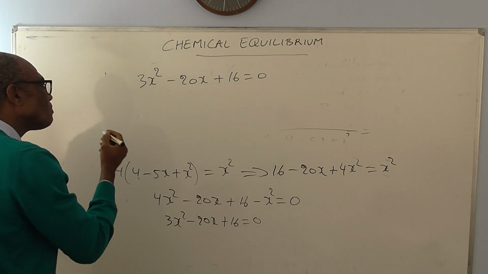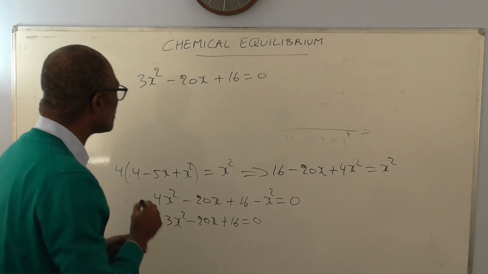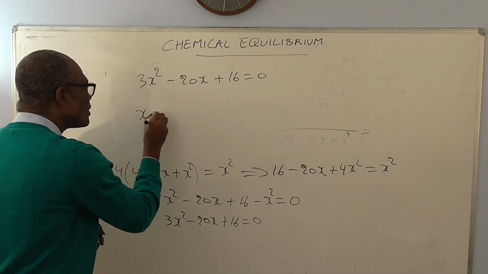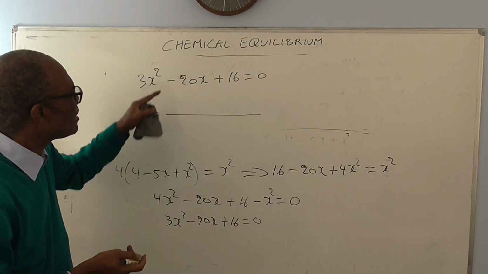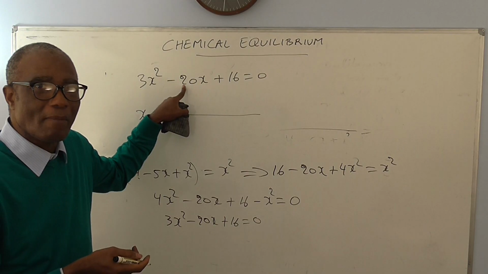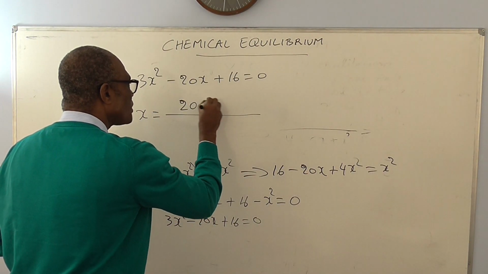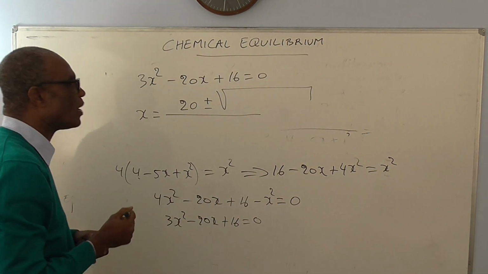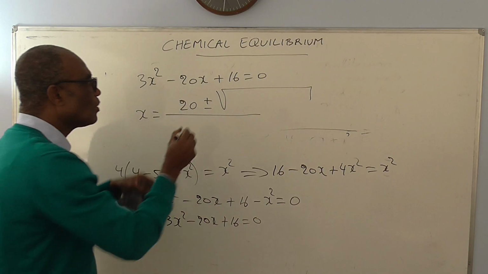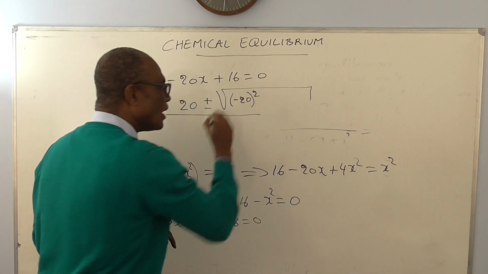Now, the minus b formula, or quadratic formula, that we are going to use: x will be equal to minus b. Minus b is minus minus 20, so minus b will be 20, plus or minus the square root of b squared. B squared will be minus 20 squared.